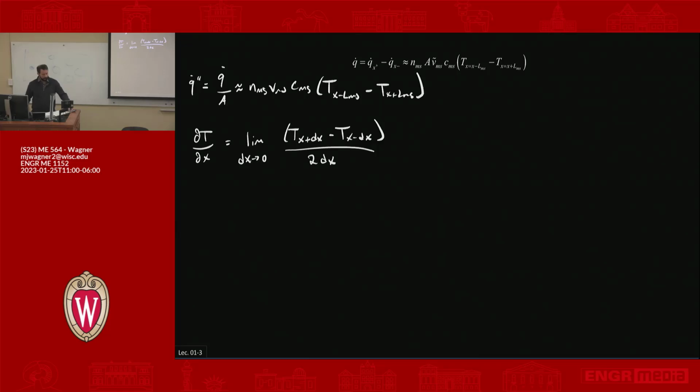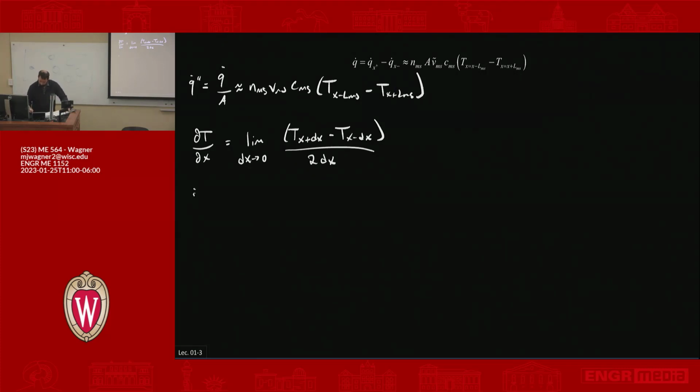All right, so let's apply that idea to what we've done above. We'll say that now our dx is actually L_ms. If L_ms is small, then we can approximate this as a continuum. We can use continuum equations to describe the behavior here.